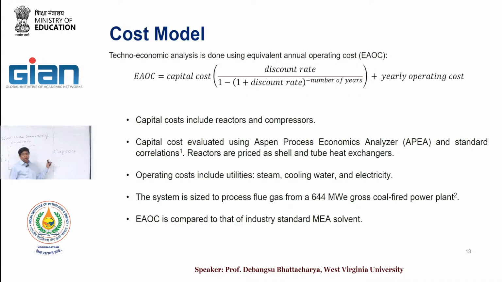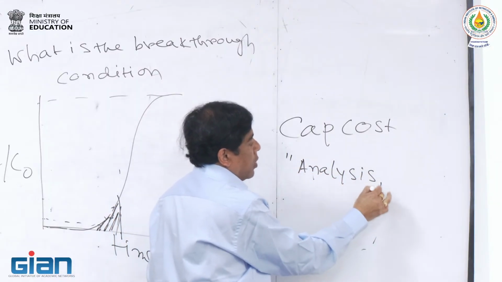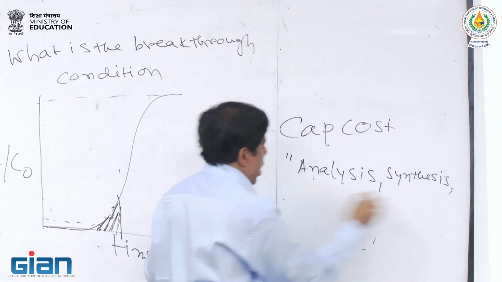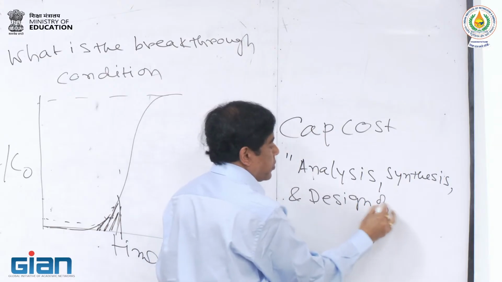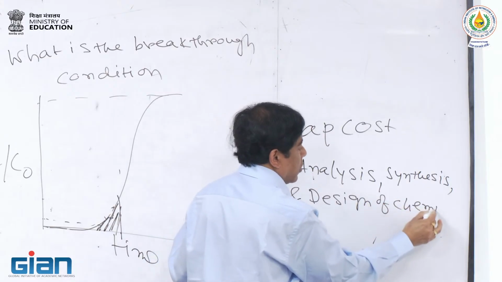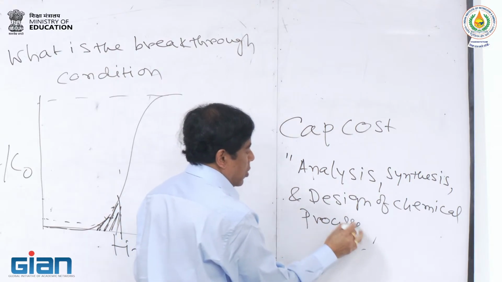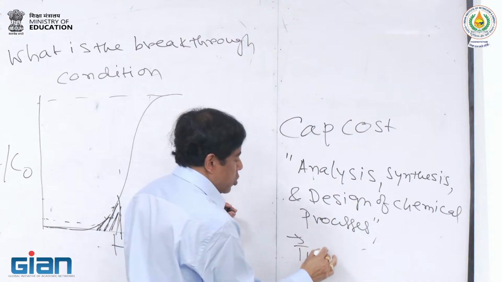I'm not sure if any of you have used the software that goes with our book, like the CAPCOST. No, right? So this goes with the book, Analysis, Synthesis, and Design of Chemical Processes.